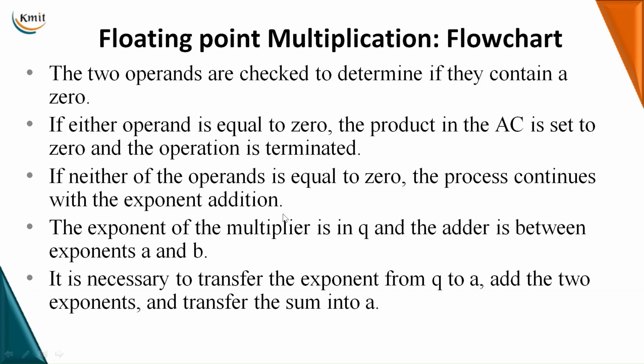The exponent of the multiplier is in small q, but the adder is present only between a and small b. So it is necessary to transfer the exponent from small q to small a, then add the two exponents a and b and transfer the sum back into a.